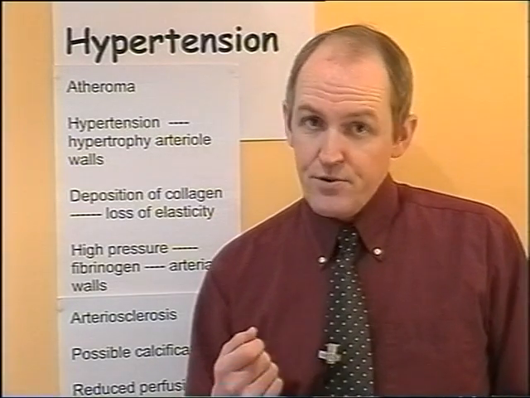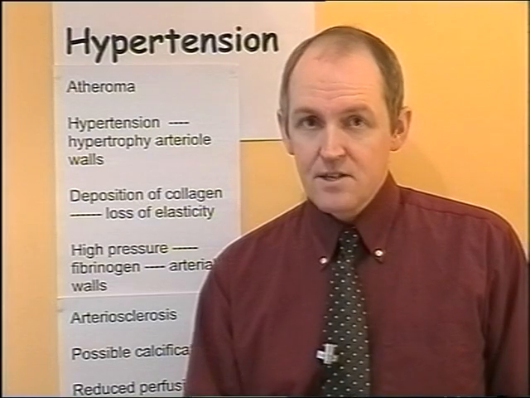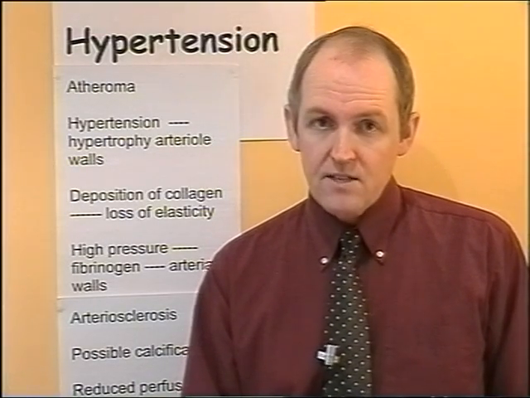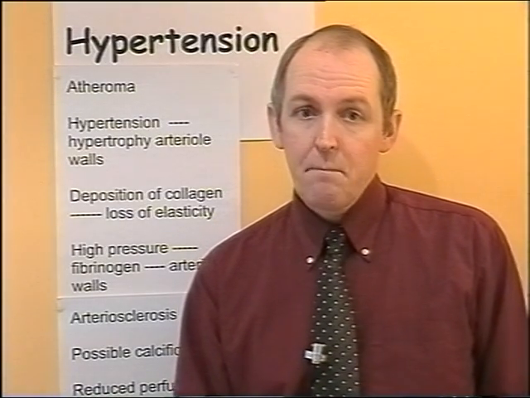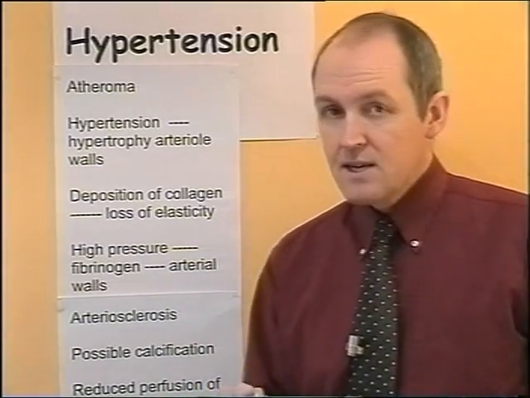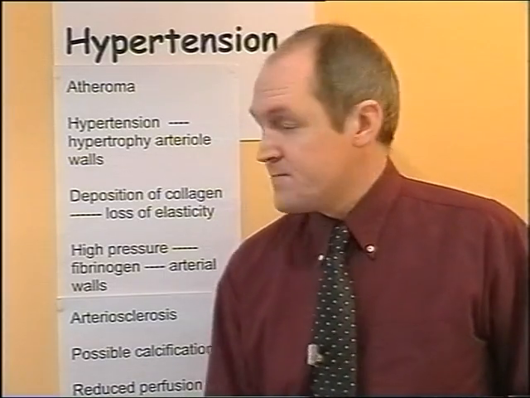Now this affects the tunica intima, the inside layer, so you get intimal thickening. It also affects the middle layer of the arterial vessels, the tunica media, so you also get medial thickening.